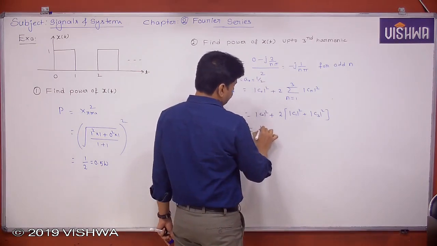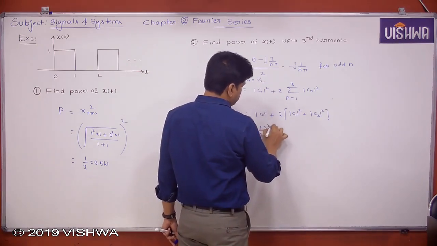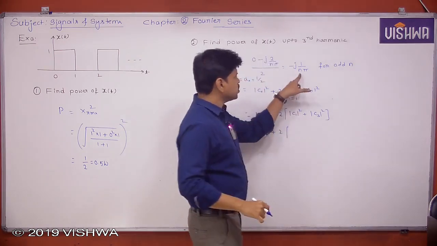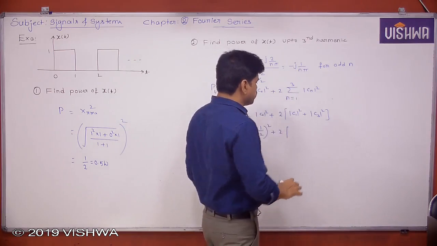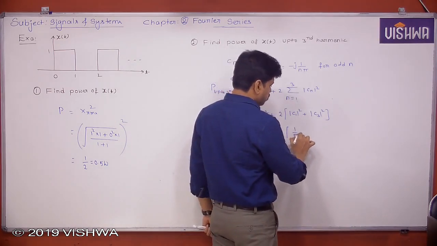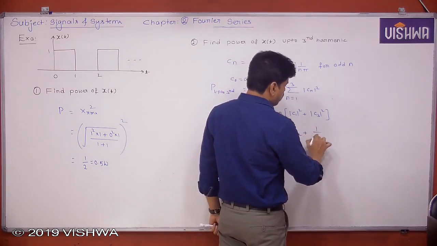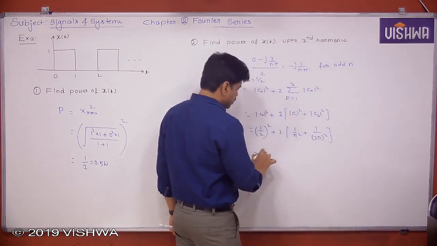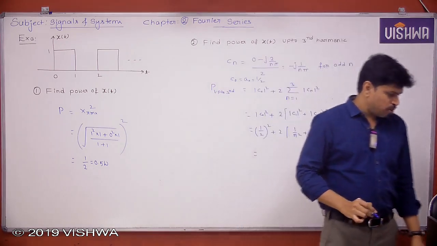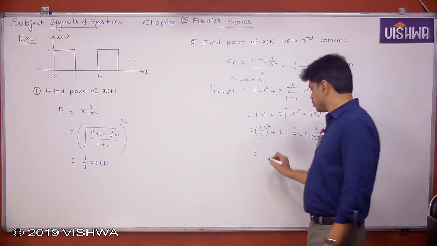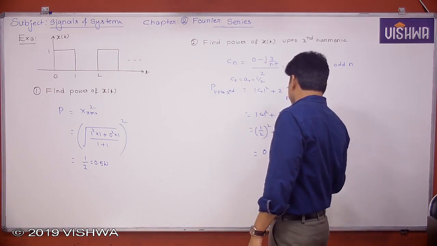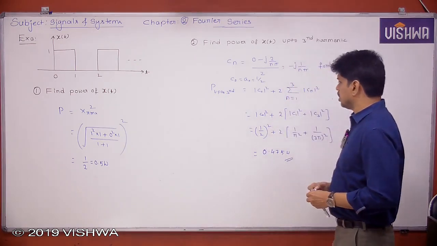So 1 by 2 whole square plus 2 into, what is C1? If n is equal to 1, the magnitude is 1 by pi, square, plus 1 by 3 pi square. If you calculate this, you are going to get 0.475 watts. So this is the final power up to the third harmonic.